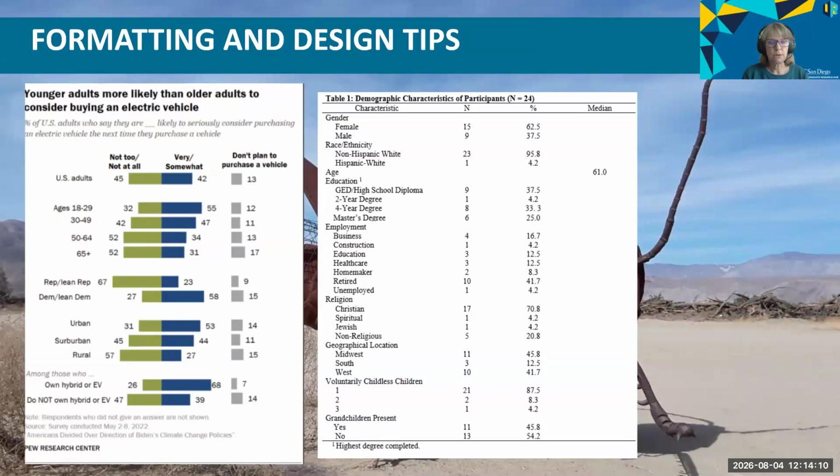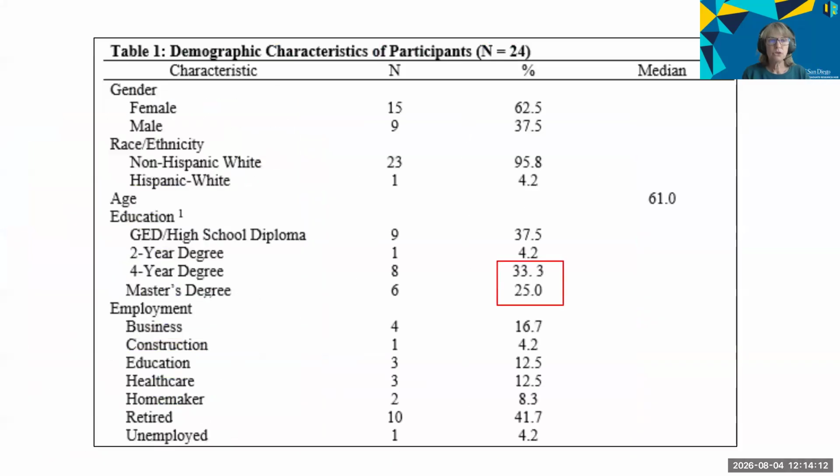So if we look at the next one, you'll see that this is the same table, but it's much larger, so it's easier to see. And then there's a red box around the part of interest. So the table has a title. It tells you what it is that you're looking at. And then I, as the presenter, would be able to say, here's a table of the demographic characteristics of the participants in the study.